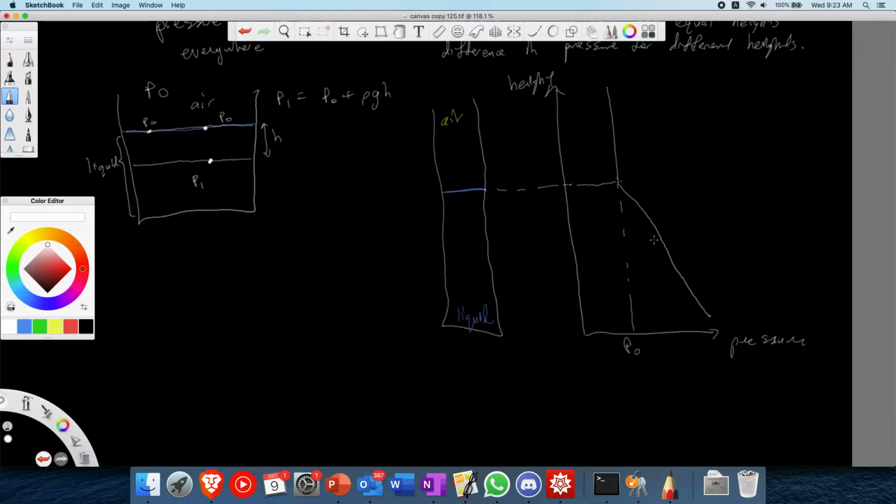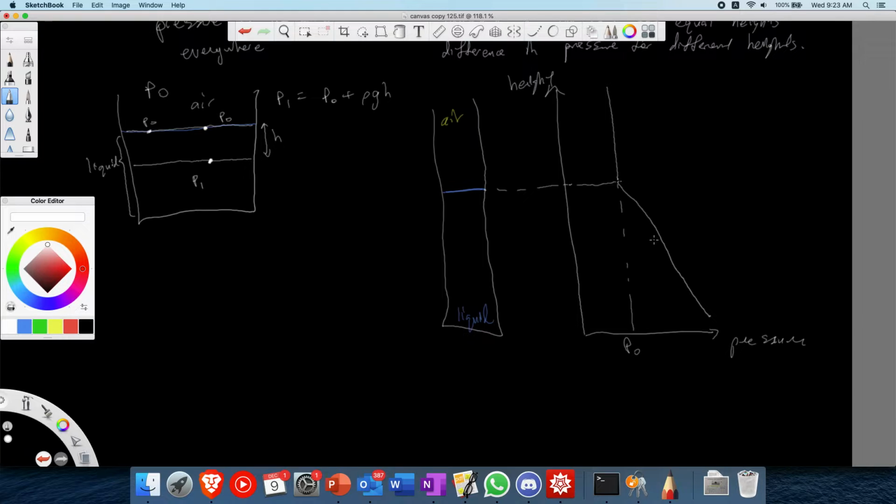If you are a diver or you have ever been to the bottom of a swimming pool, you can feel it from the pain in your ears. As you go deeper, it feels like something is pushing on your ears. It's an uncomfortable feeling.